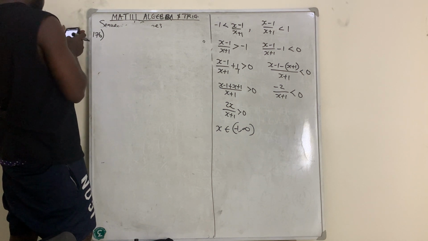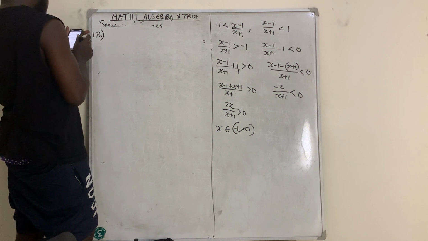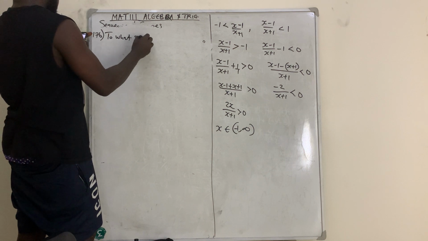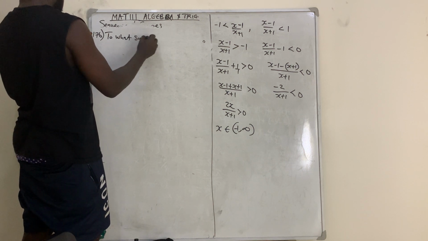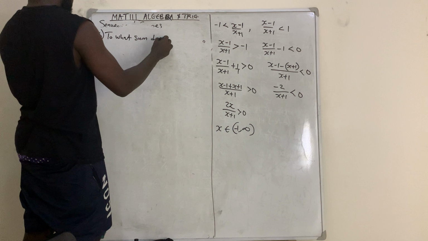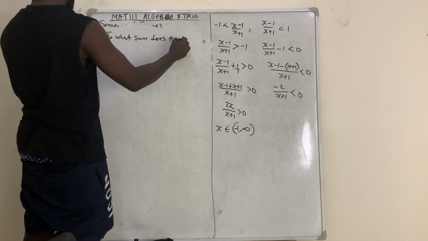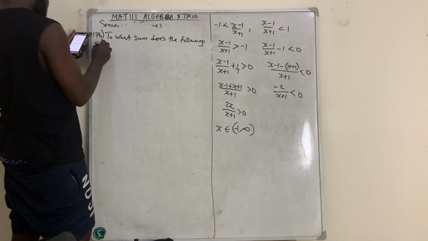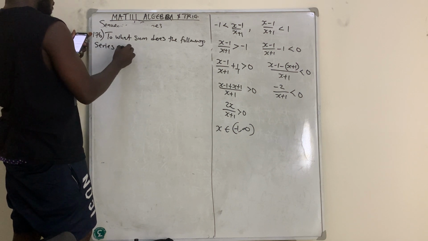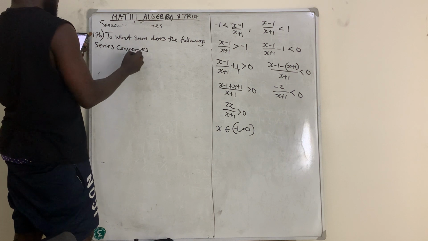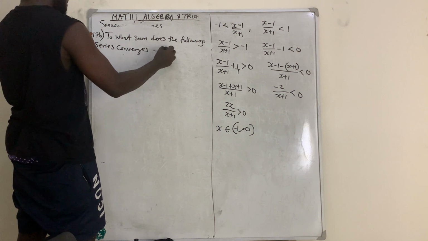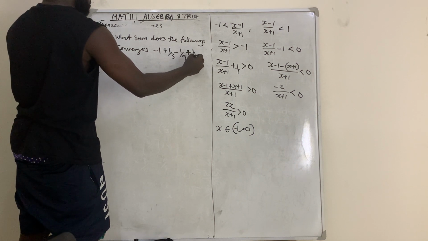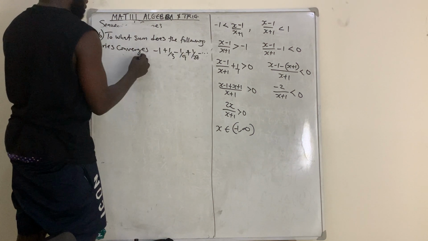Question number 176 said, to what sum does the following series converge? That is minus 1 plus 1 over 3 minus 1 over 9 plus 1 over 27 minus dot dot dot.